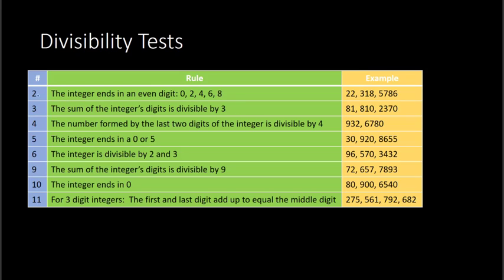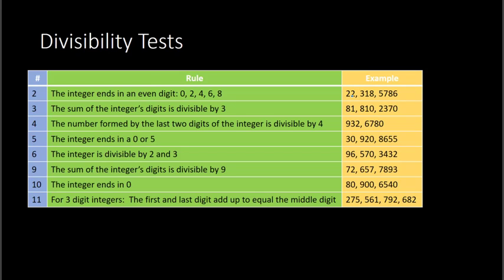So on the left, we see the first number, 2. If you're trying to determine, can you divide something by 2, the rule is if the number ends in an even digit. That includes 0. So like 0, 2, 4, 6, 8. If the last digit is even, then the whole number can be divided by 2.